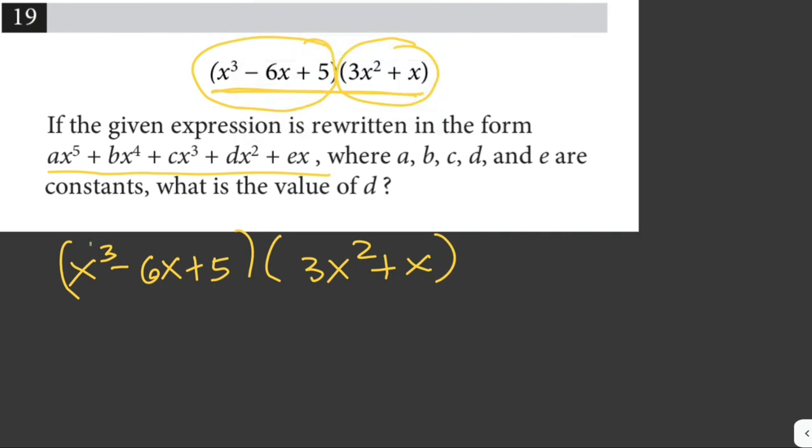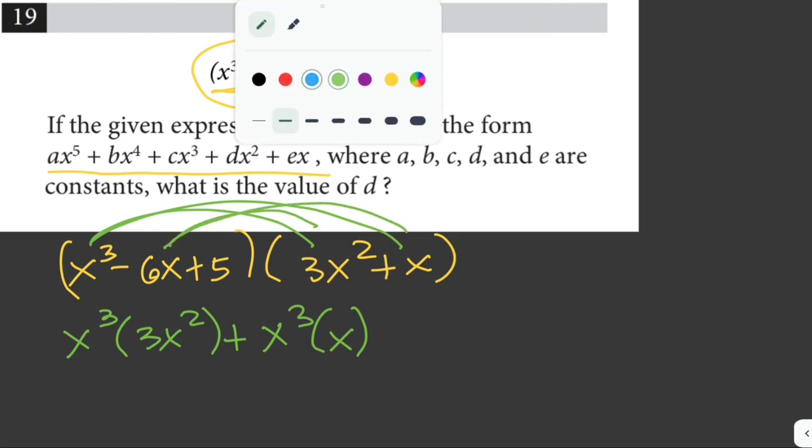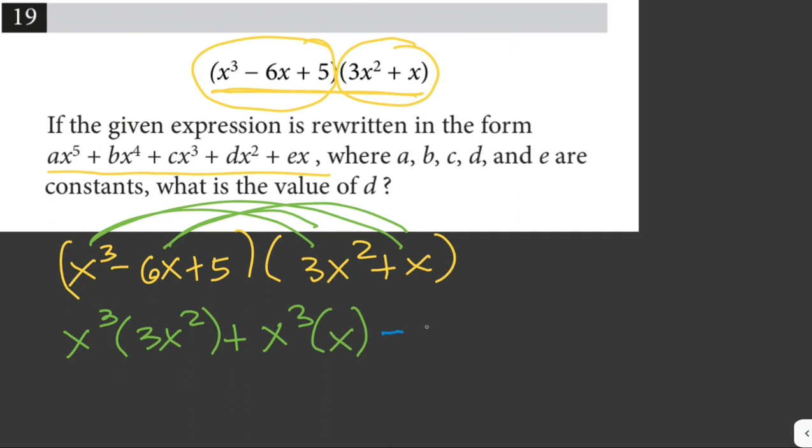Right, we distribute x cubed first to 3x squared plus x. So this is x cubed times 3x squared plus x cubed times x, and then negative 6x times 3x squared, and then negative 6x times x.